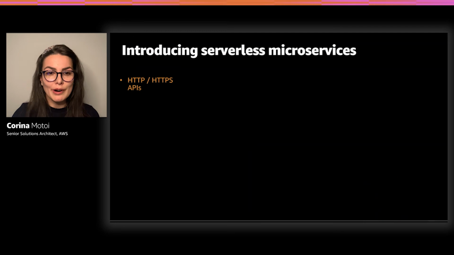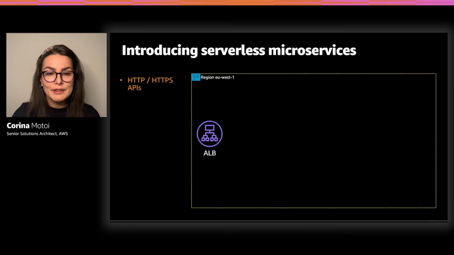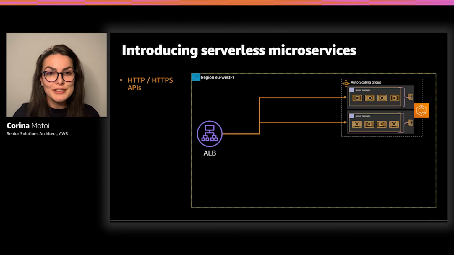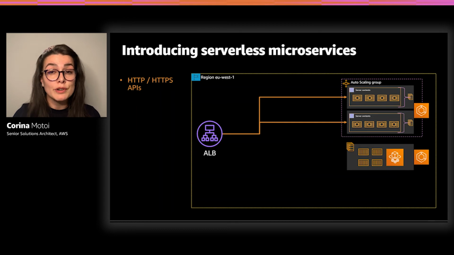So we have our Application Load Balancer distributing requests to two microservices, which can be based on EC2 or containers on EC2. I've chosen ECS services on containers here. Introducing serverless microservices can be done just by deploying a new version of your microservice on serverless.